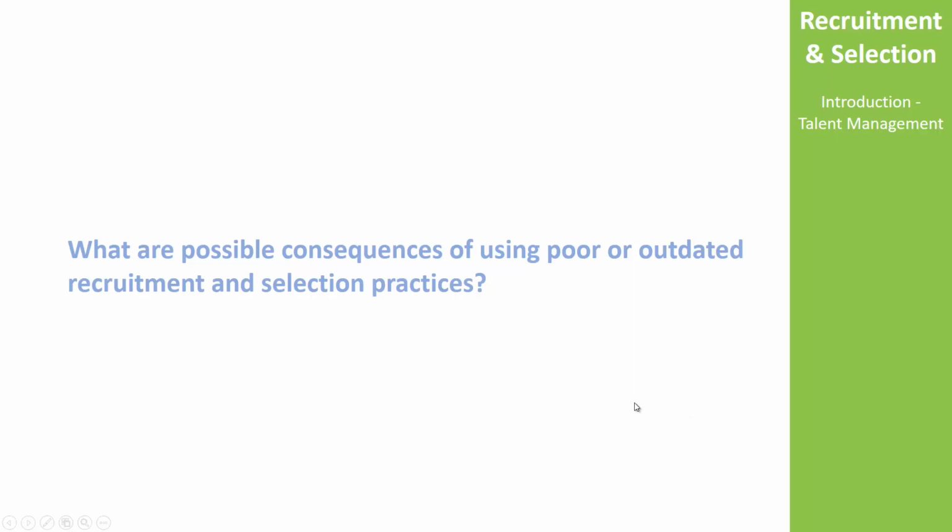Next question. What are some possible consequences of using poor or outdated recruitment selection practices? Listen, we haven't really got into these practices yet. This is just a peripheral type of question. Let me give you examples. A poor or an outdated practice, like I mentioned before, would simply be to put an ad in a newspaper.